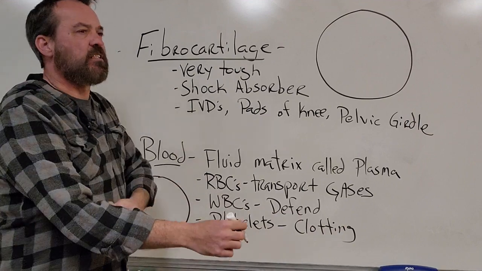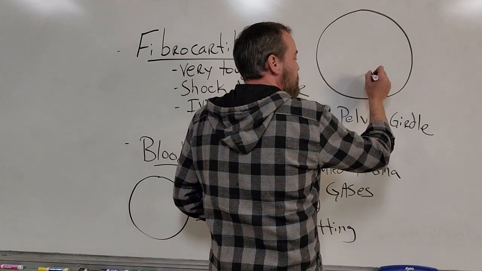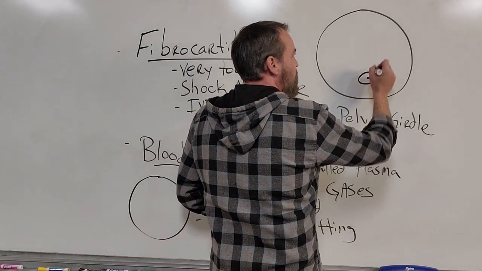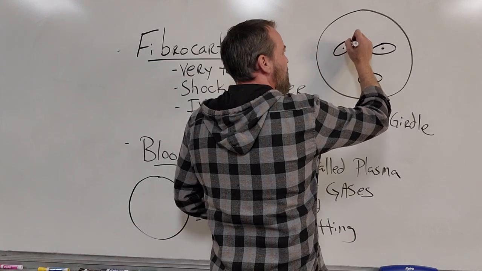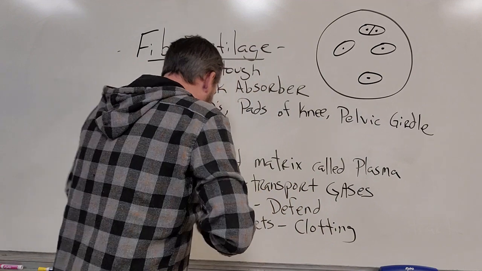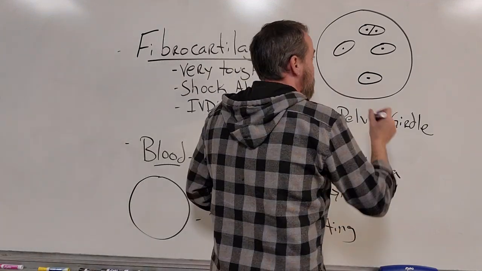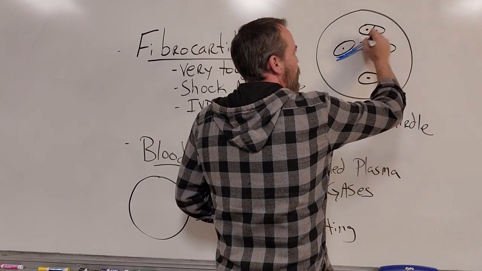So fibrocartilage is another one of those exceptions that doesn't stain pink, which is nice because it helps it stand out. So we're going to get our cartilage cells in here, our chondrocytes. We'll do something along this line here. Boom, there, we got our chondrocytes. And this one actually turns out to be a bluish tone.